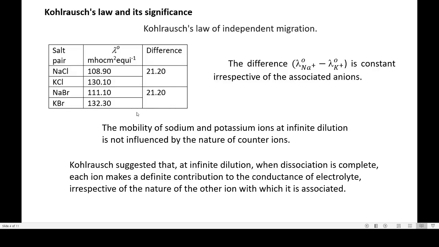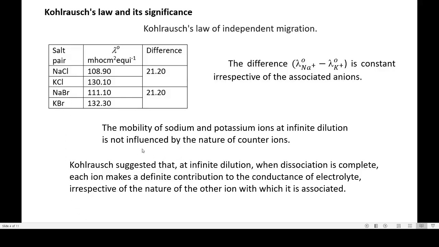So it indicates that the mobility of sodium and potassium ions at infinite dilution is not influenced by the nature of counter ions. With this observation, Kohlrausch suggested that at infinite dilution, when dissociation is complete, each ion makes a definite contribution to the conductance of the electrolyte, irrespective of the nature of the other ion with which it is associated.